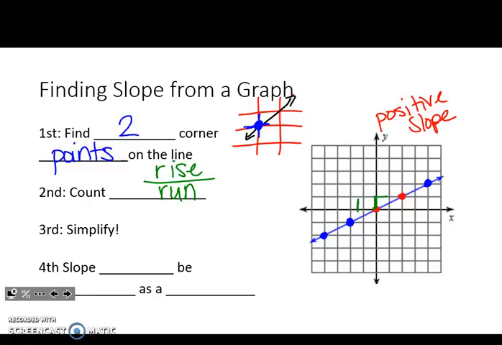Then I have to go over 2 blocks to get to the other dot. So that means I rise 1 and I run 2. So this slope would be 1 over 2.